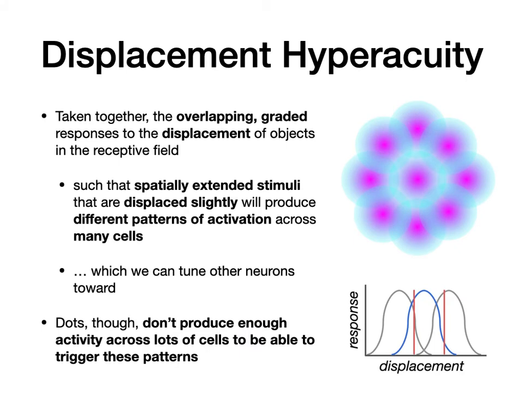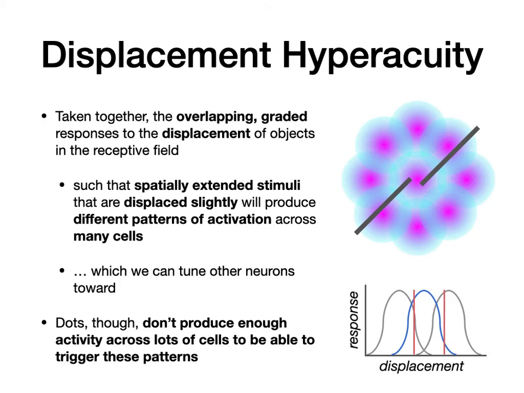Meaning that if we have some neurons set aside to try and detect differences, the overlapping and graded responses give this really detailed pattern so that we can really tell when sets of things that are long and continuous are separate, right? So as long as the stimuli are spatially extended and they are displaced slightly, it produces a wildly different pattern of activation. The reason that dots don't is because they are not activating enough nearby cells.